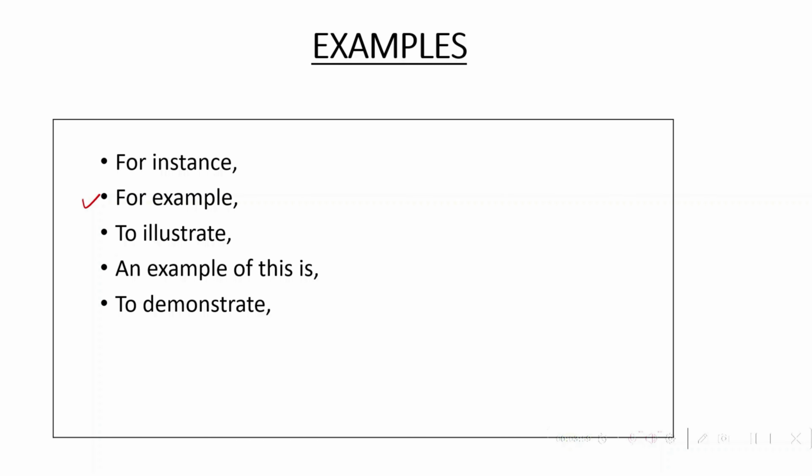An example of this is, or you can write to demonstrate. So these are the various words that you can write if you want to write an example. These are the example linkers. If I'm going really fast, you can pause the video, rewind and go through this again. If not, let's move forward.